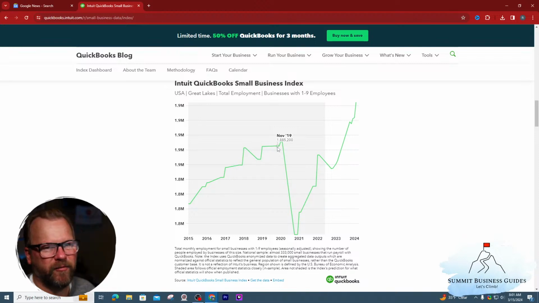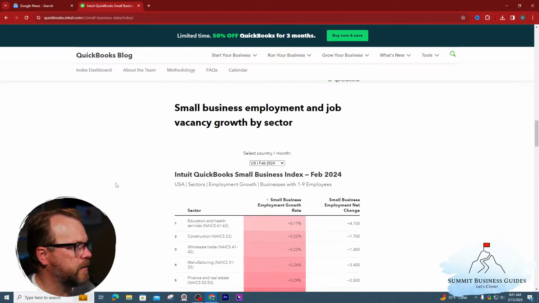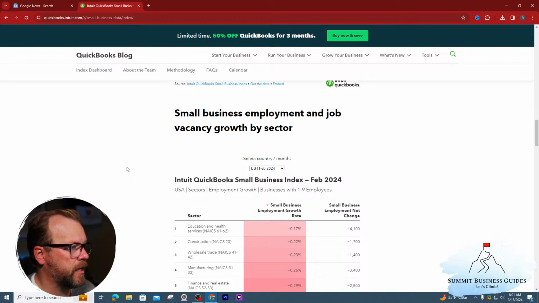I don't really care for much of 2020. 2020 through 2022 really skews the data set. It's just not that great. But you can see here in the Great Lakes region, in my area, we were at 1.885, so 1.9. We are now currently at 1.95. So, 60,000 additional jobs.